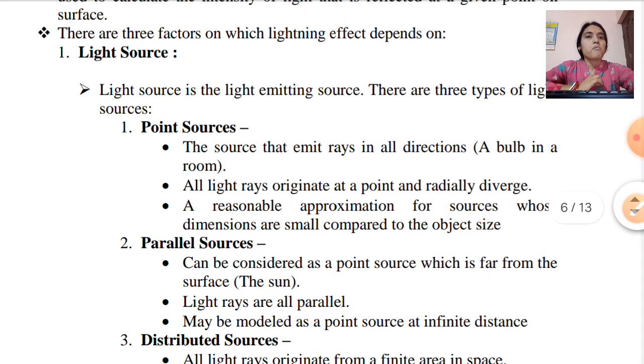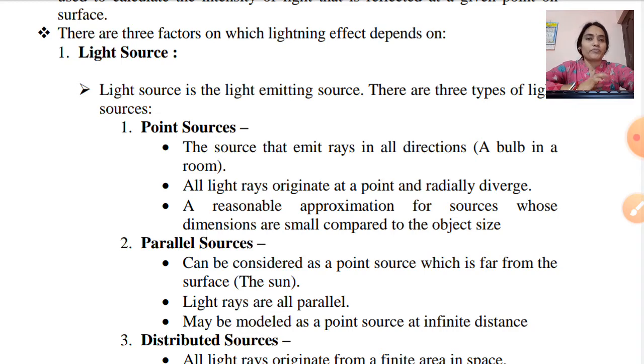So what are point sources? The source that emits rays in all directions is known as a point source. That means a bulb in a room. The bulb is lighting the whole room, but the light comes from only one point.